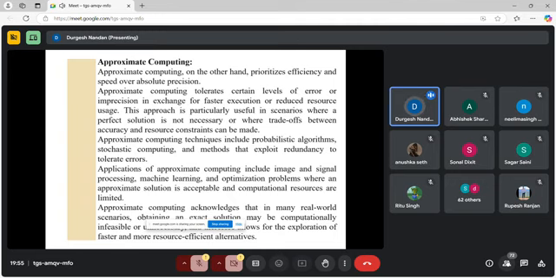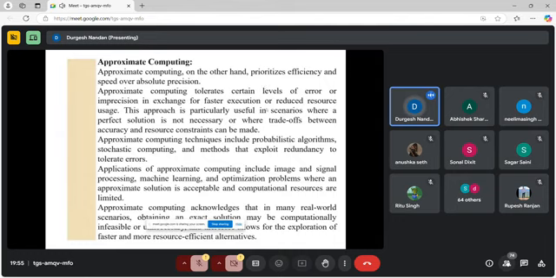Approximate computing is the acceptable state. There are many places where it is used for what purpose? Faster execution, and another most important thing is that it reduces resource usage.